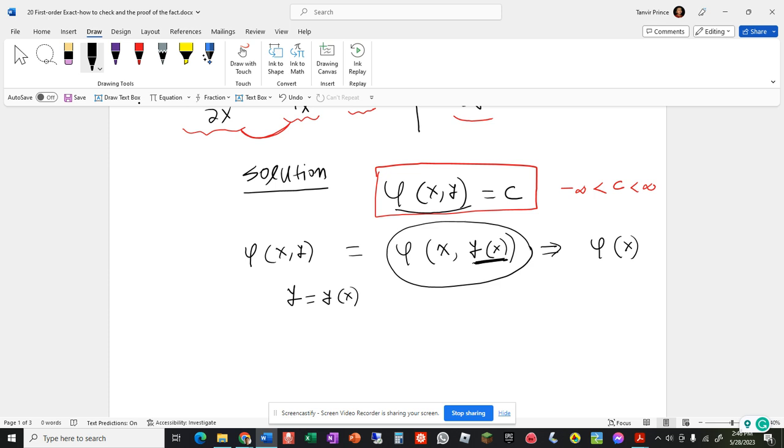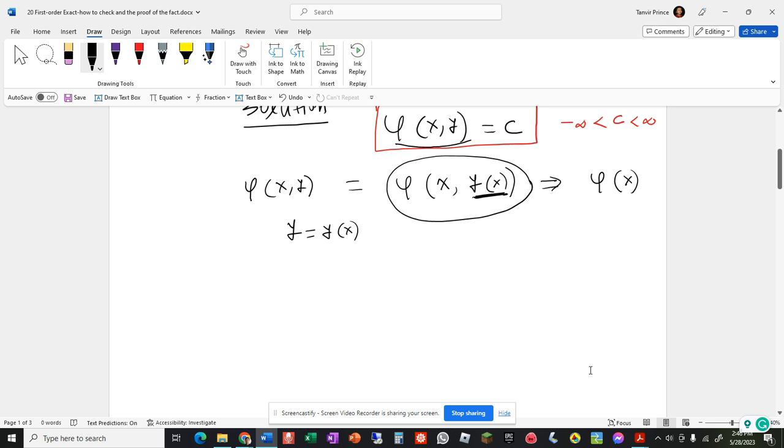That's the solution of the differential equation. y of x is the solution of the differential equation, right? So in this way, you can think of phi, at the end of the day, as a function of x.